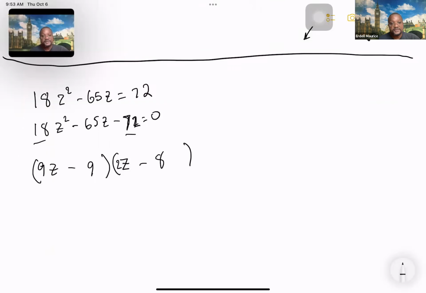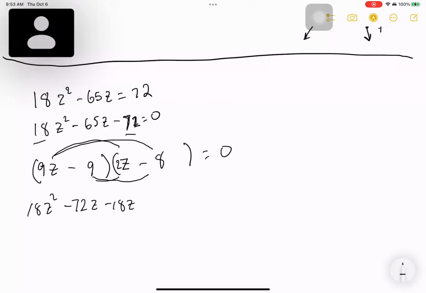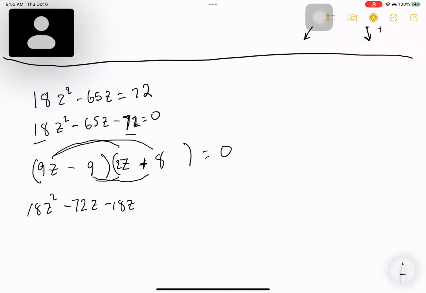And what you have to do is FOIL this out to see if it's the right guess. 9 times 2 is 18z squared. 9 times 8 is subtract 72z. 9 times 2 is negative 18z. And then 9 times 8, oh, that doesn't work. One of these needs to be positive. Let's make this a plus.